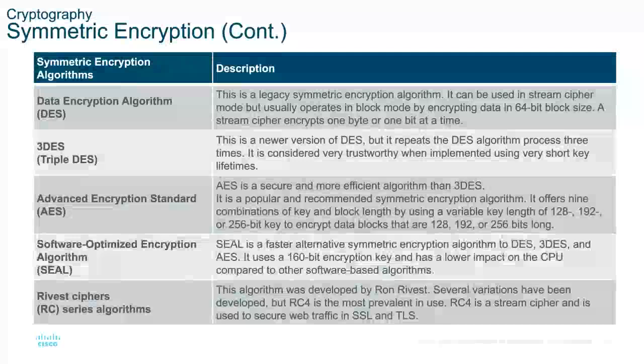Some of the encryption methods used are DES, triple DES, AES, SEAL, and RC. Now, all of these use different ways of jumbling up the characters of the original message and securing the information.